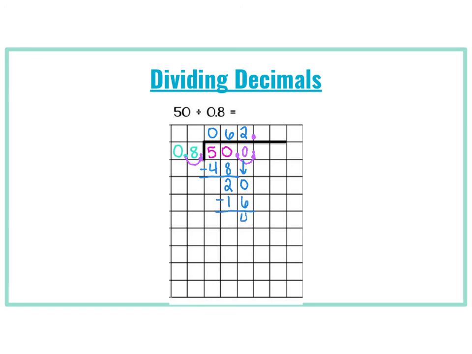When we subtract, we get 4 left over. We need to add a 0 to our dividend and bring it down. 8 can go into 40 5 times exactly. 8 times 5 is 40, and we get a remainder of 0. So our answer is 62 and 5/10.